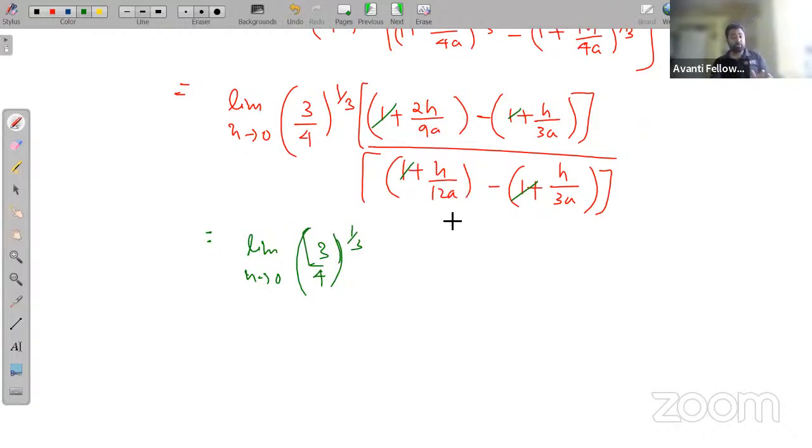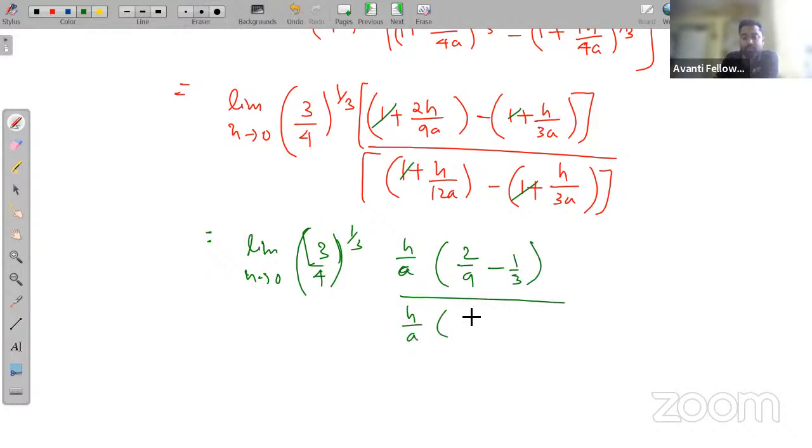From the numerator, h upon a is common, and from the denominator also h upon a is common. Taking h upon a as common from the numerator, we have 2 by 9 minus 1 by 3, whole divided by 1 by 12 minus 1 by 3.